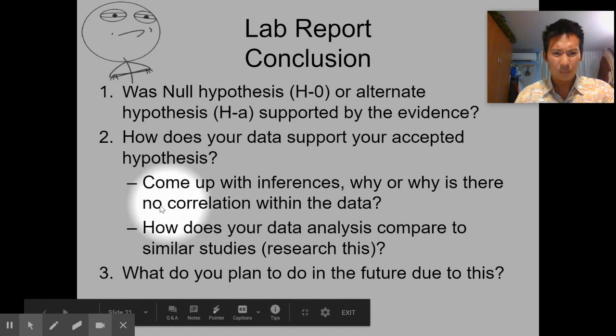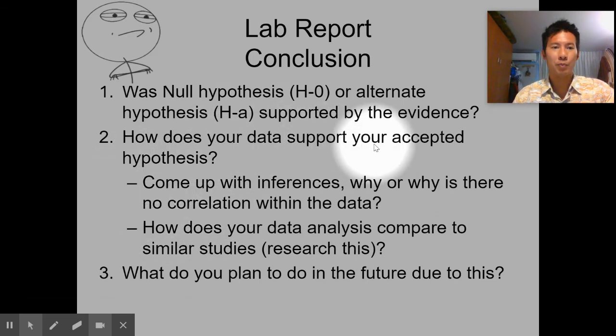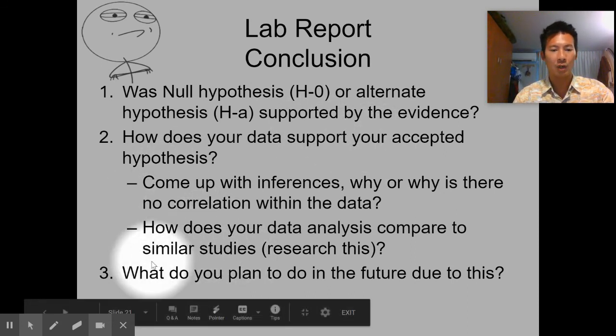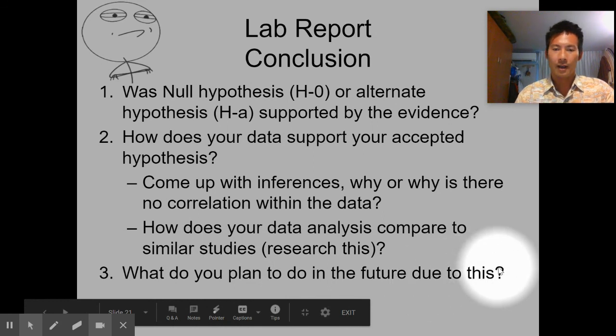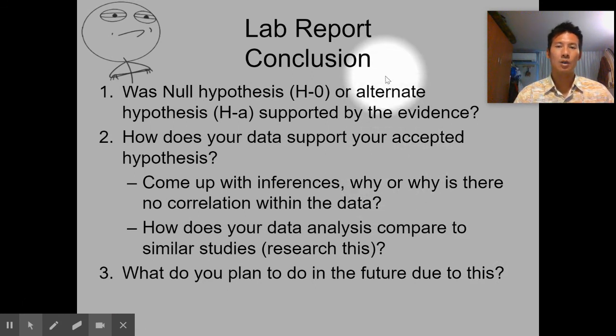If the alternate was supported, what other related problems can you solve? How can you refine your hypothesis to further solve more problems? And that's how you document science in the proper lab report format.